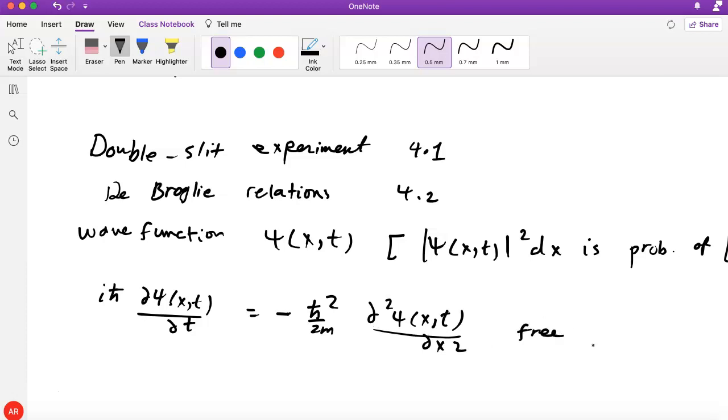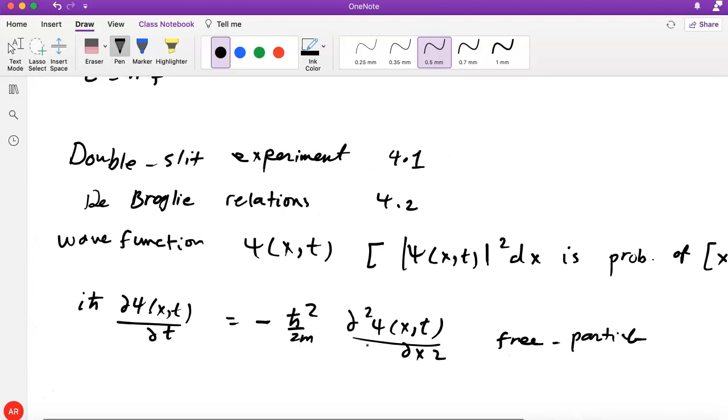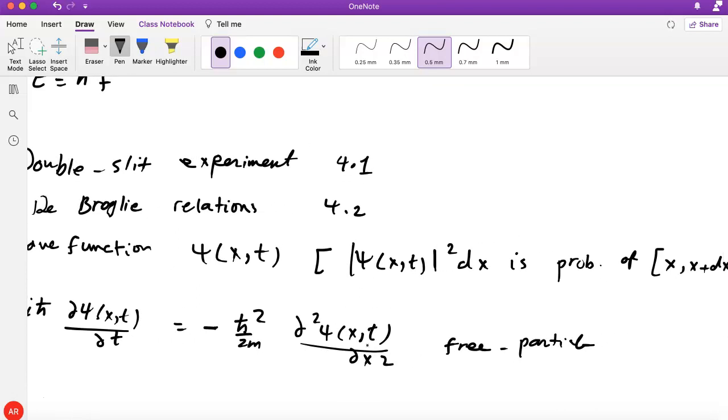Basically no potential, nothing. So there we kind of expect plane waves constructed as solutions that satisfy the de Broglie relationships, and the energy is just the kinetic energy, p squared over 2m. So you can read about that. It's helpful to review these concepts in section 4.3 of the book.